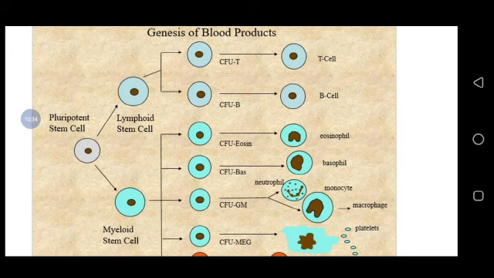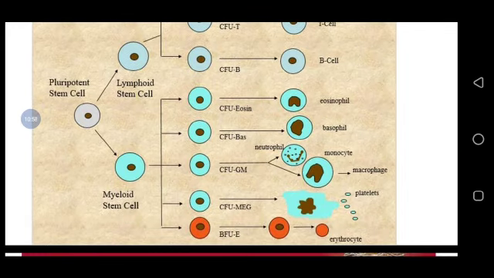We have this pluripotent stem cell, which divides to go to the lymphoid stem cell, and then to the myeloid stem cell. Now for RBC, together with some of the white blood cells, we start with this one at the bottom, the myeloid stem cell. We will come back to this image later; for now we go with these lower red ones, which tell us about the production of RBC, while the green ones are for the production of white blood cells.